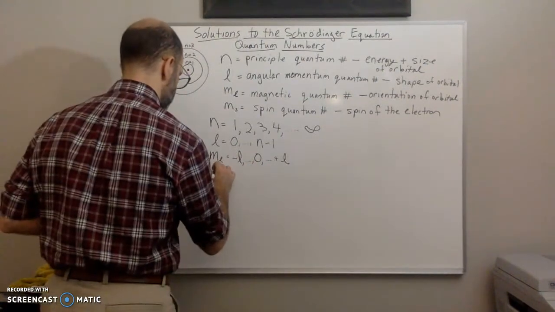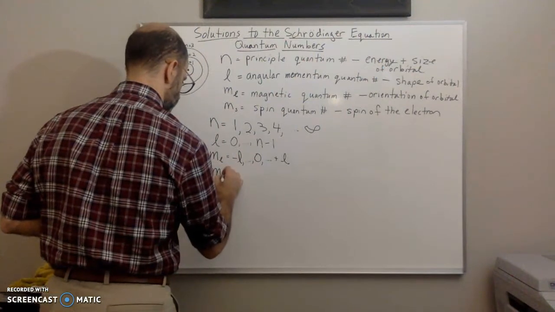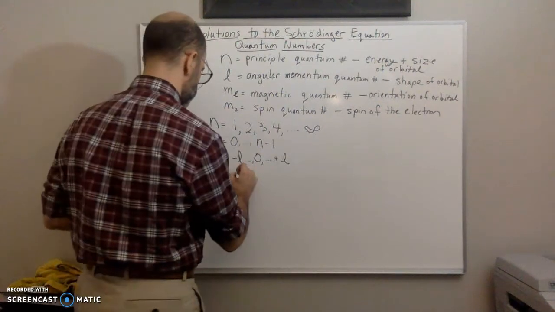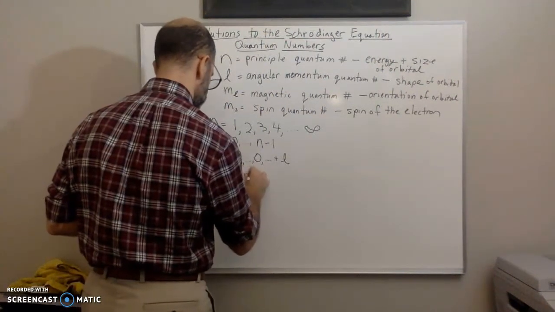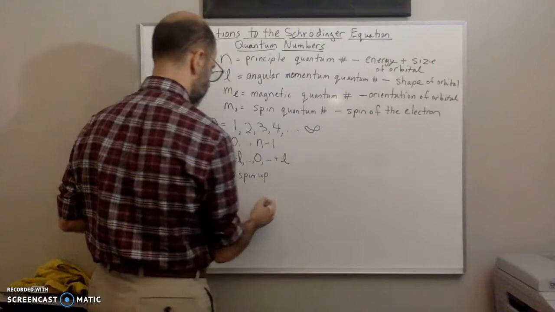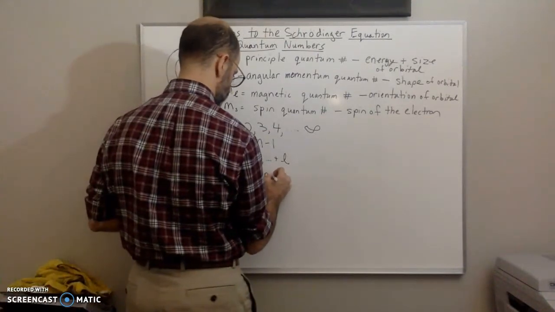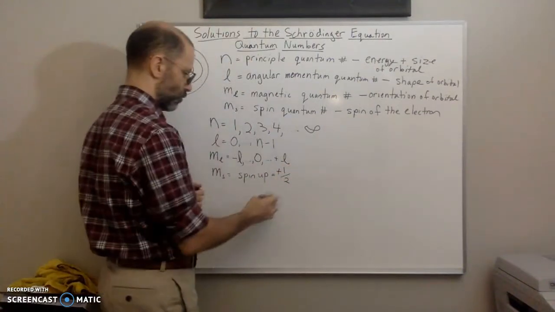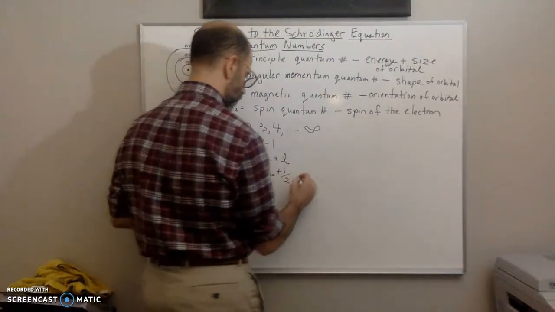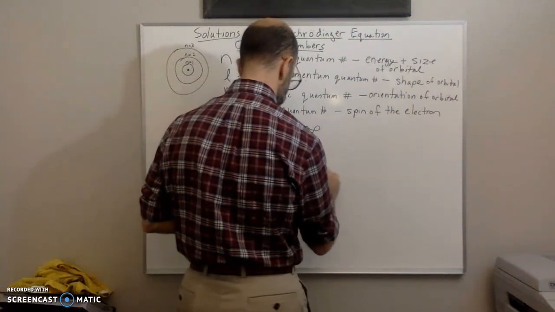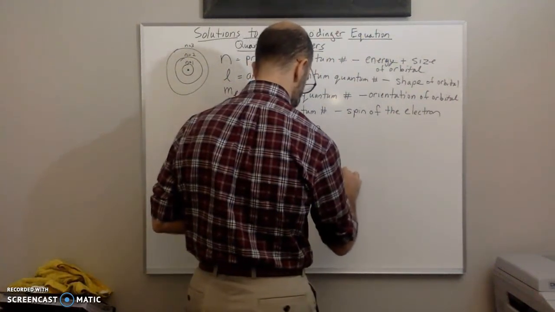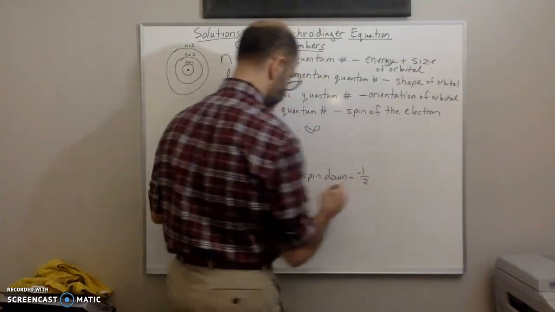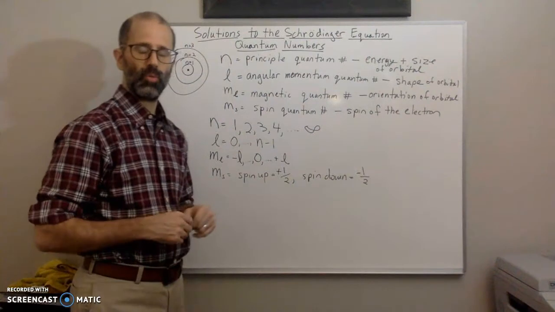And the value of your m sub s, your spin, can only have 2 values. It's either spin up, which is represented by plus 1/2, or it can be spin down, which is equal to negative 1/2.